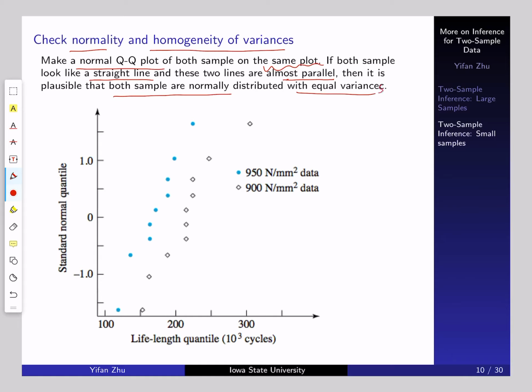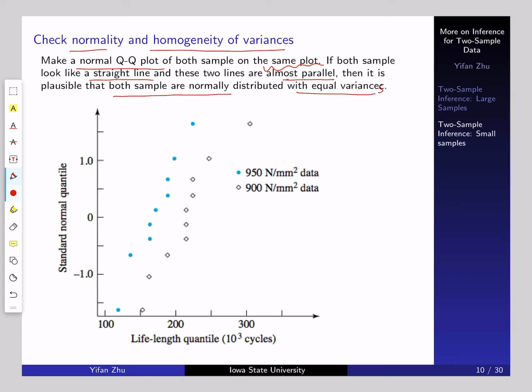So this is the QQ plot of the springs data. The blue one is the 950 group, and the white dots are the 900 stress group.